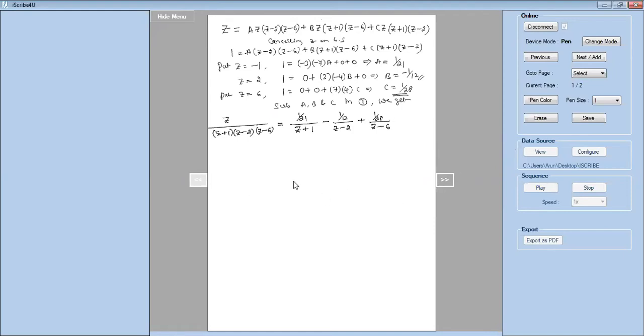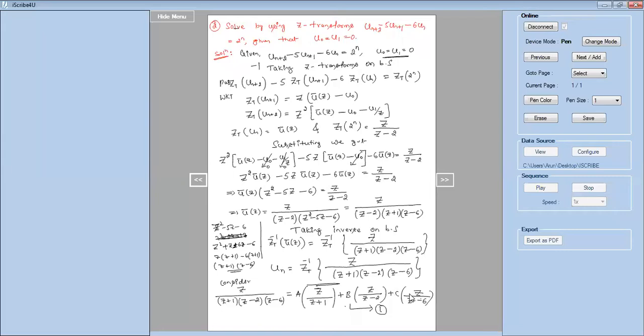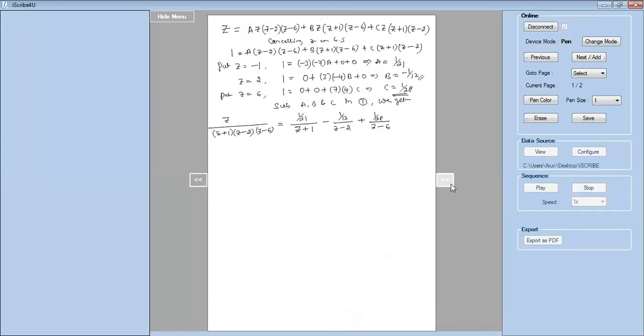Correct now? So in this expression, A, B, C was substituted. Sorry, we forgot to write Z. This is Z into Z here, into Z here, into Z there. So now take inverse on both sides. This implies ZT inverse of U bar of Z is equal to 1 by 21, I'll keep it outside, ZT inverse of Z by Z plus 1.